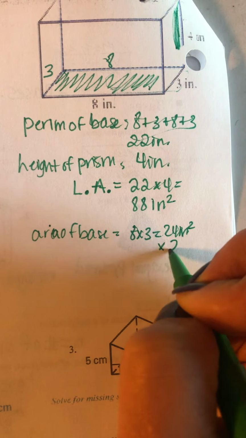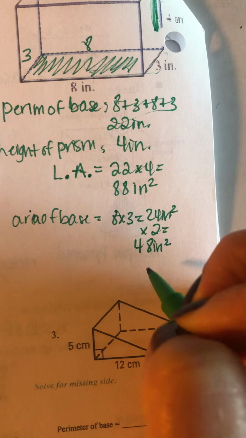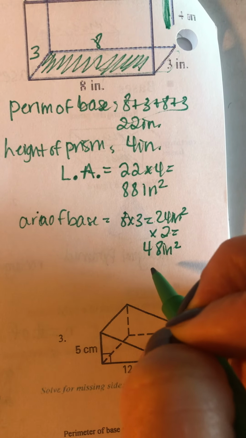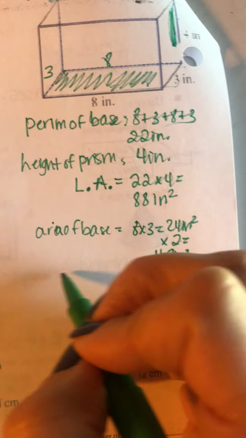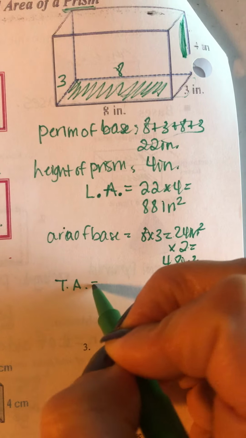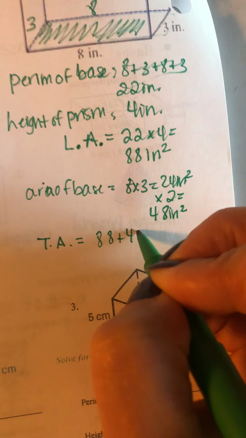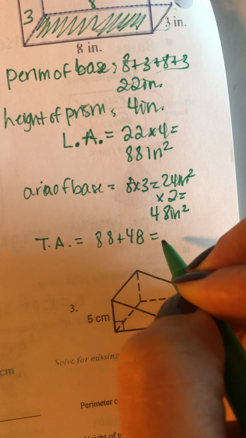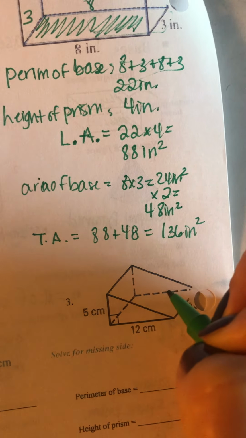Now there's 2 of those, so you'll see on the homeworks and even here in the notes in a second, we're going to have you double that 24 to represent both top and bottom. And then the total area would take the lateral area plus that doubled area of the base. So here it would be 136 inches squared.